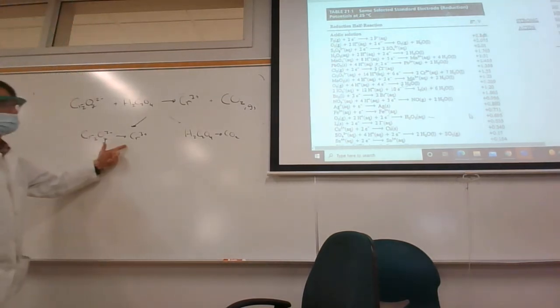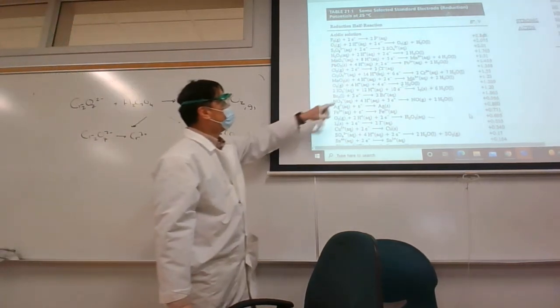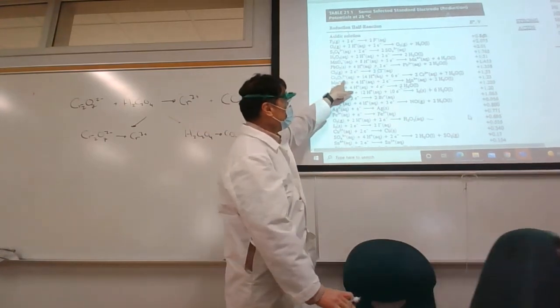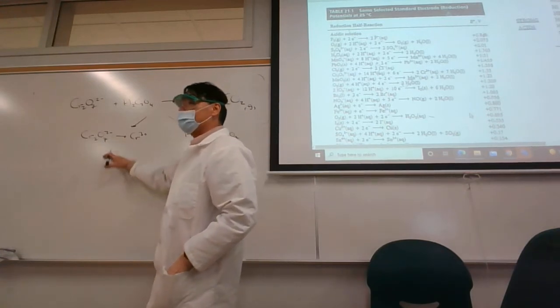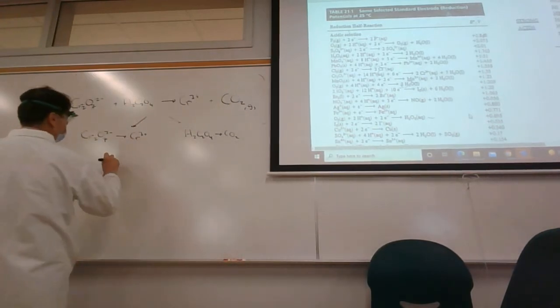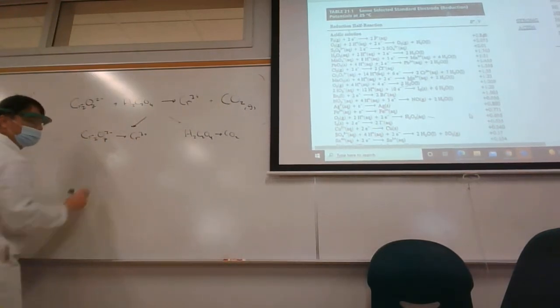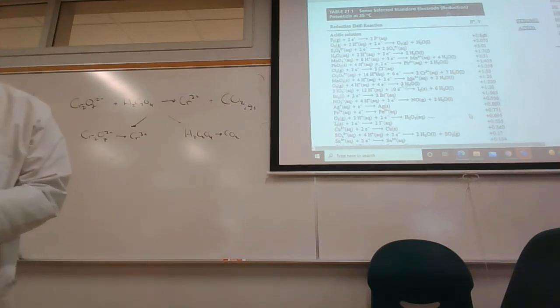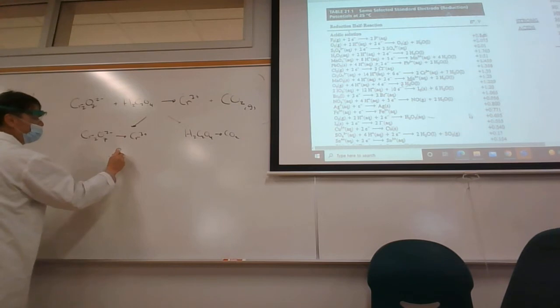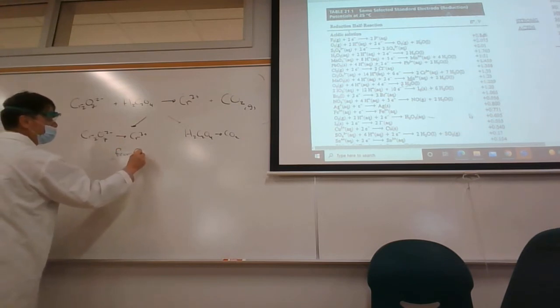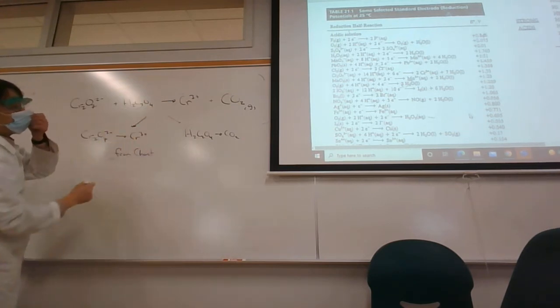So this reaction does occur on the chart. It's right here. It's dichromate goes to chromium 3. So rather than going through the steps of balancing this, we'll just copy it off the chart. And so if I copy it off the chart, what does the chart say?